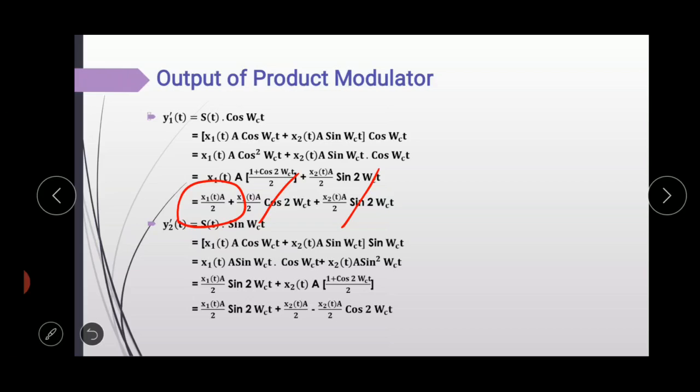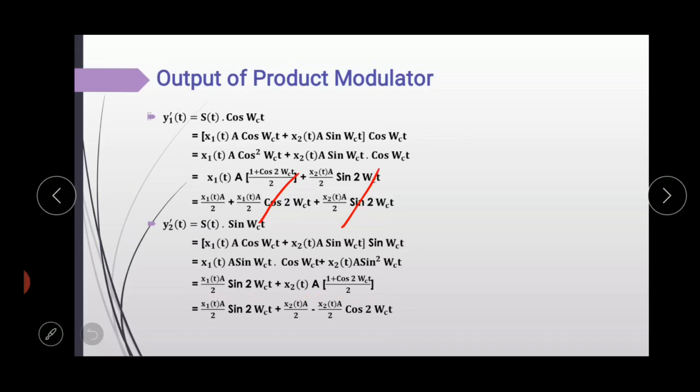Then product modulator 2 similarly multiplies the signal, that is x1 of t A cos omega ct plus x2 of t A sin omega ct, whole into sin omega ct. As the 90 degree phase shifted carrier is given to the input of product modulator 2, we solve this accordingly using the formulas, that is sin 2A and the cos square theta formula. Using that formula we solve this, and this is the final equation.